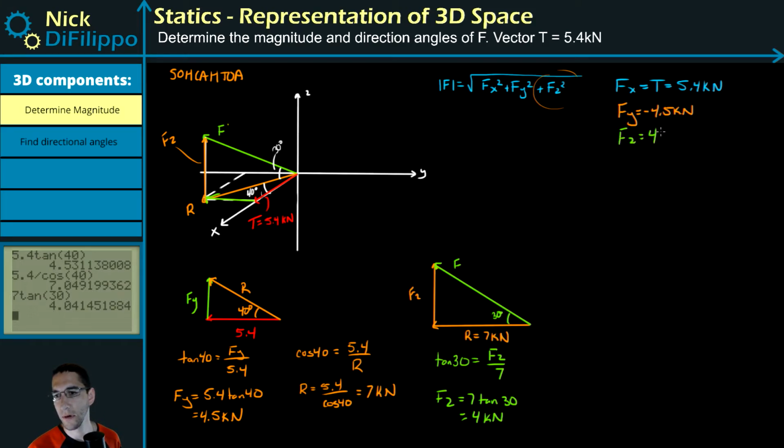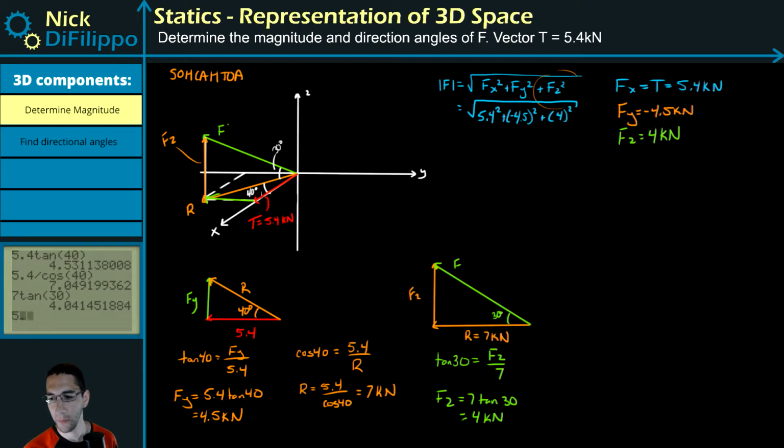Fz is 4 kilonewtons. Now I'm going to put this in this formula right here. I'm going to have this is equal to the square root of 5.4 squared plus minus 4.5 squared. If you're using this, it's important that that minus sign is inside the parentheses, plus 4 squared.